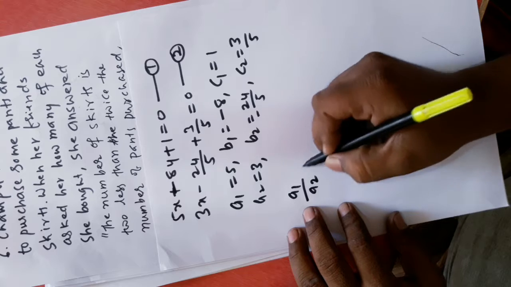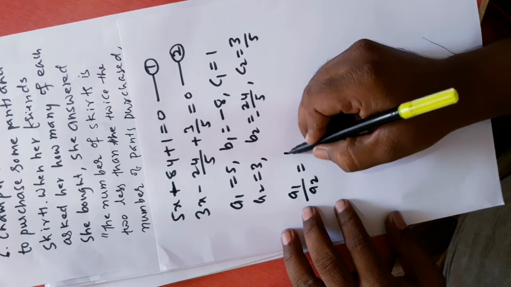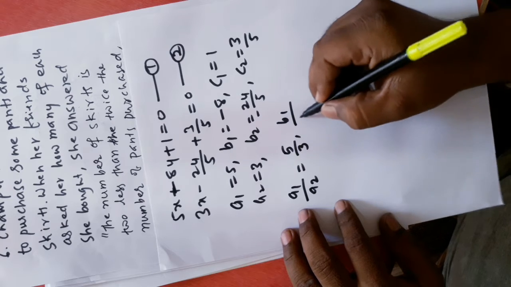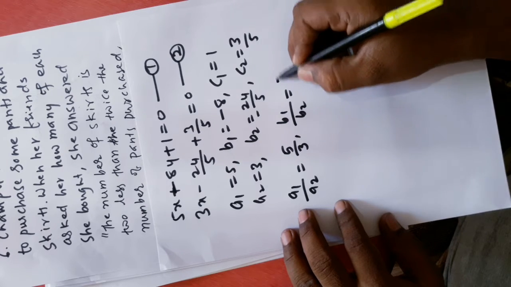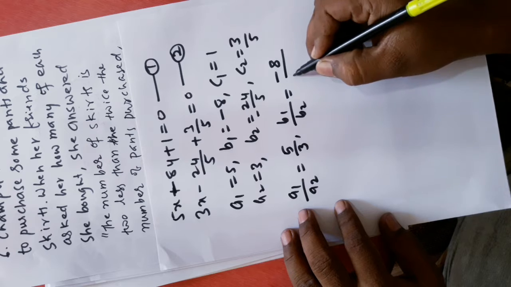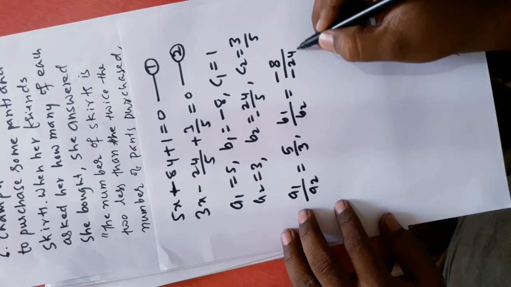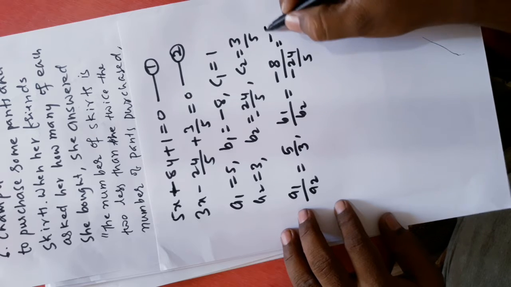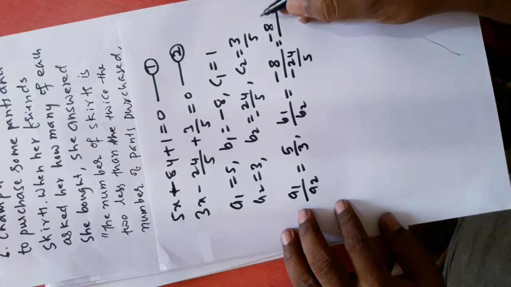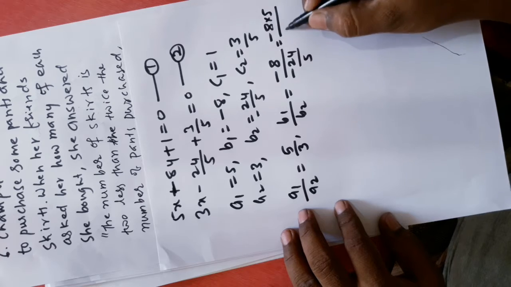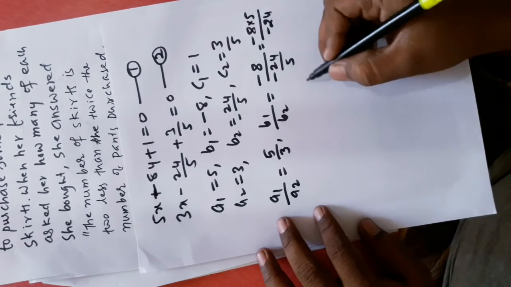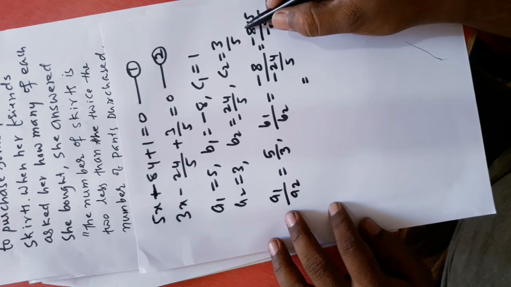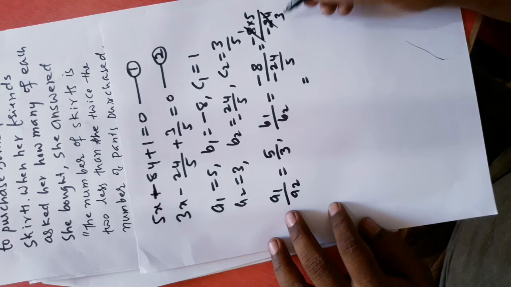A1 by A2 will be 5 by 3. B1 by B2 will be minus 8 by minus 24 by 5. The 5 goes to the numerator, this is minus 24, the minuses cancel, and 8 ones are 8, 8 threes are 24.